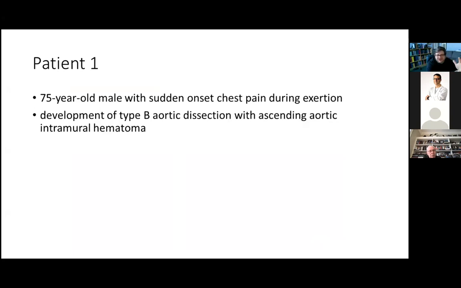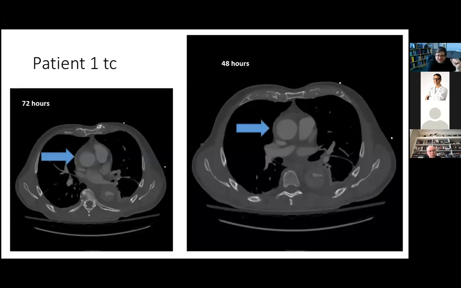This was in the setting of type B aortic dissection, who also presented with ascending intramural hematoma. Here, I'll highlight the scans on your right side. This is a scan 48 hours later, and we'll go through some of the imaging details later, but clearly you can see the type B dissection and this crescentic hyperattenuation of his ascending aorta.